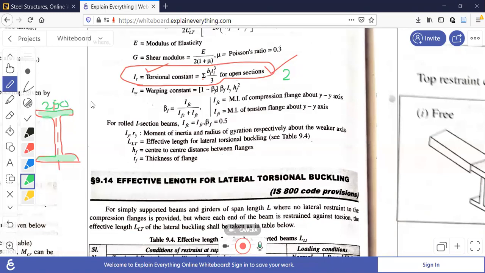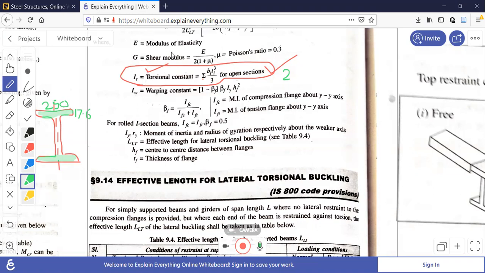Okay, 250 into flange thickness 17.6. So I'm trying to make it simple. Other things you can learn fast on your own. This is whatever is not taught till now, that I'm trying to make clear.